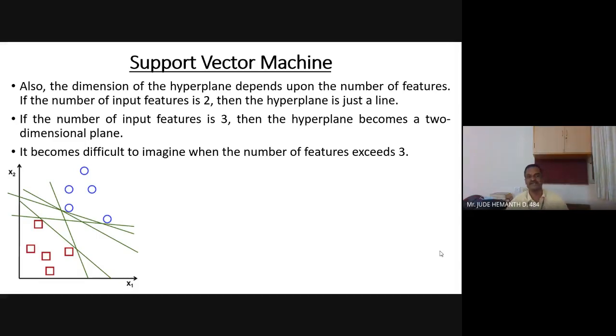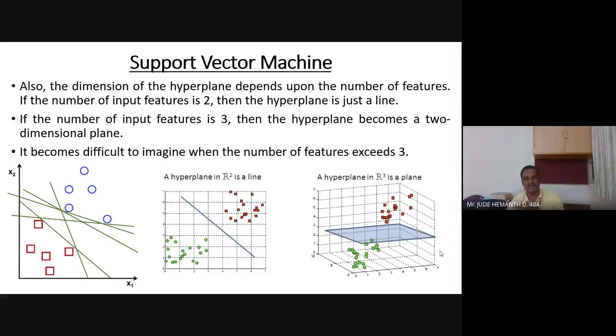But the final answer is only one hyperplane or only one hypothesis. So the question is, what should be the correct line, so that whenever I have a testing data, it will correctly fall under either the circle category or the square category? But the confusion is how to choose the best hypothesis or hyperplane.